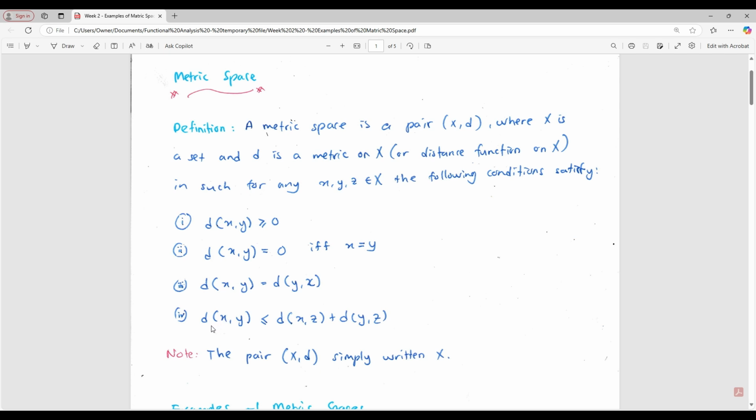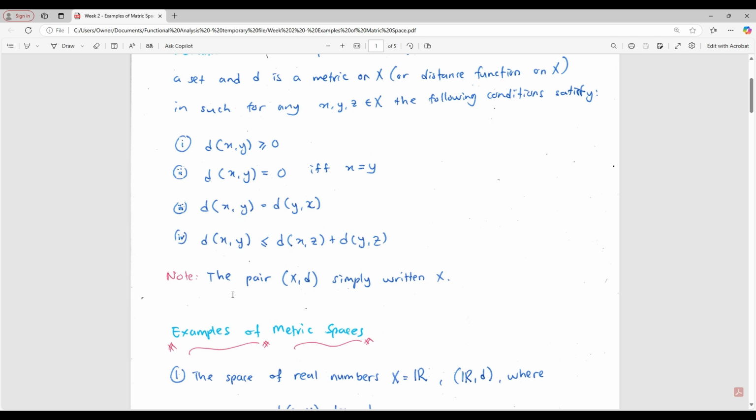Whenever you have the distance between X and Y, it has to be less than or equal to the sum of the metric from X to Z together with Z to Y. You can write this either as Y to Z or Z to Y. In certain books, it will be written as the distance of Z to Y. Some books will simply write d(x,y) as just the distance, in the case where we already know the standard metric defined on the space X.